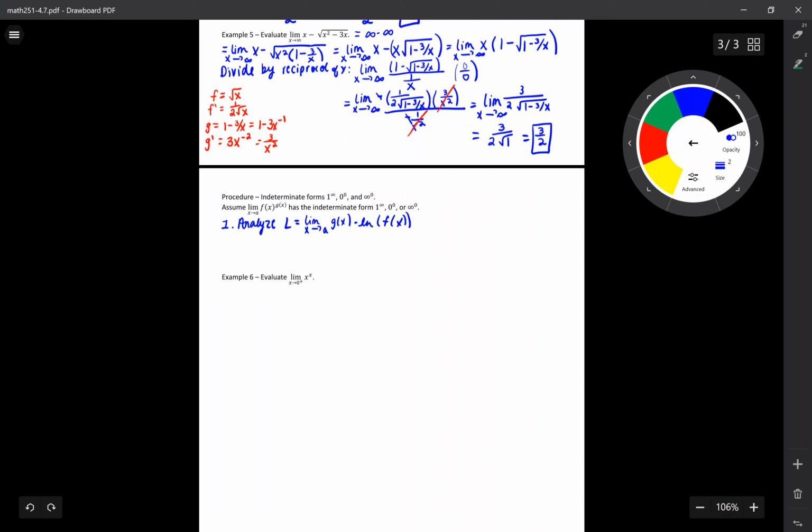So basically I use natural logs in order to get that g of x down to the bottom. And then this can be manipulated to get 0 over 0 or infinity over infinity.